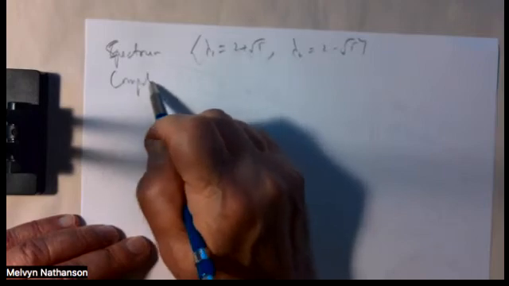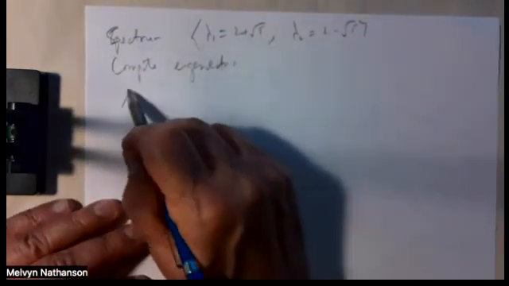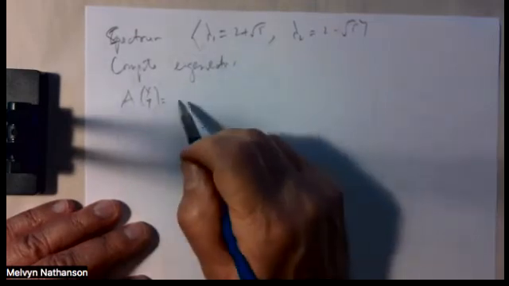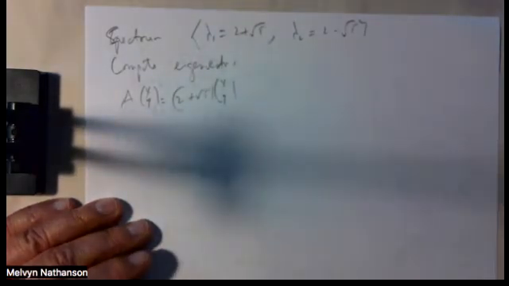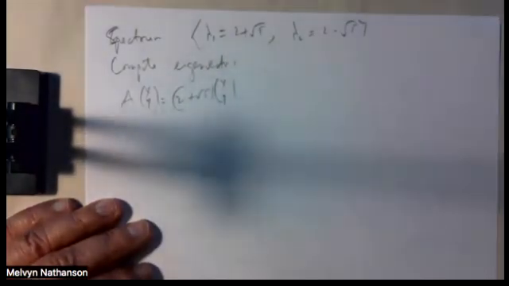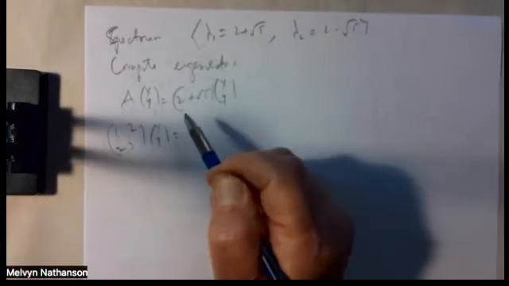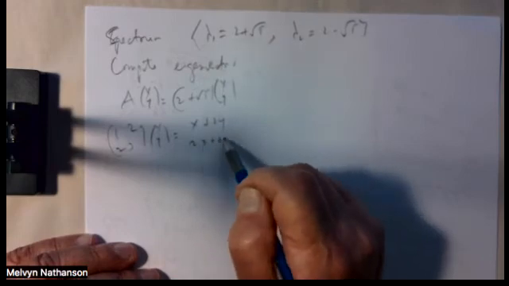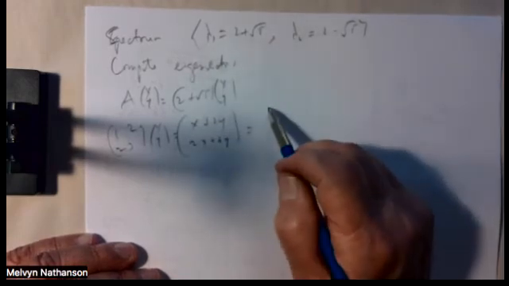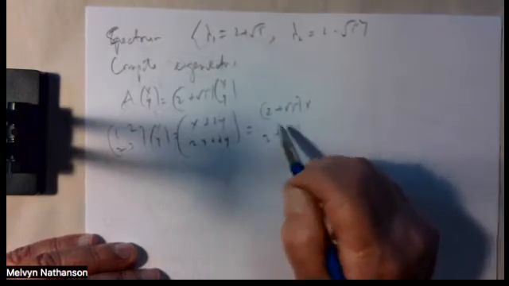And then we need to compute eigenvectors. So you want to find a vector xy such that A xy is 2 plus root 5 times xy. That will be an eigenvector for this first eigenvalue. This is 1, 2, 2, 3 applied to xy, which is x plus 2y, 2x plus 3y equals 2 plus root 5 x, 2 plus root 5 y.